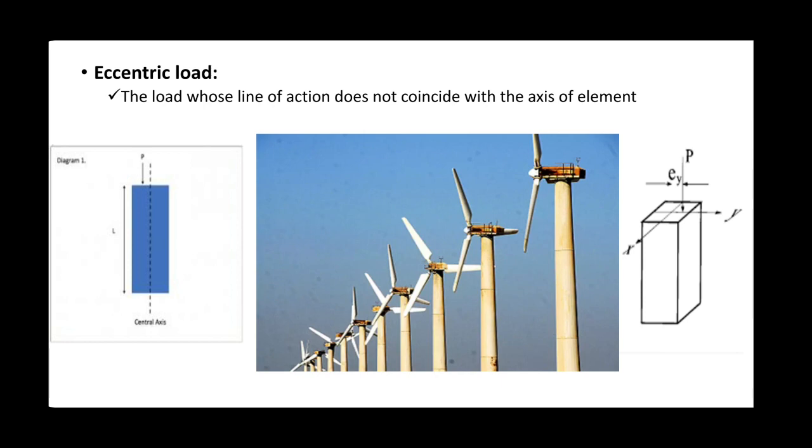So the span between the rotor blades and the vertical supporting column of a windmill is called eccentric load. This is the best example we have of eccentric load.